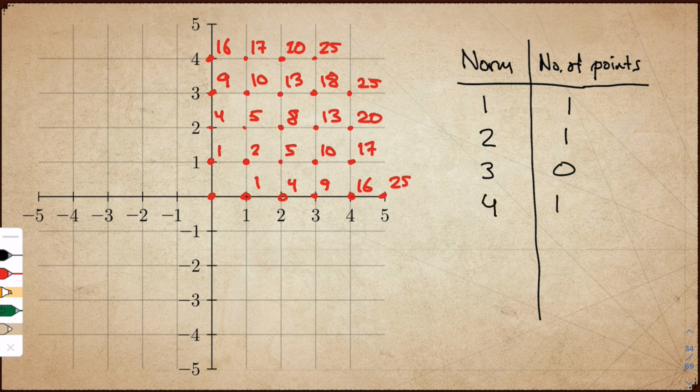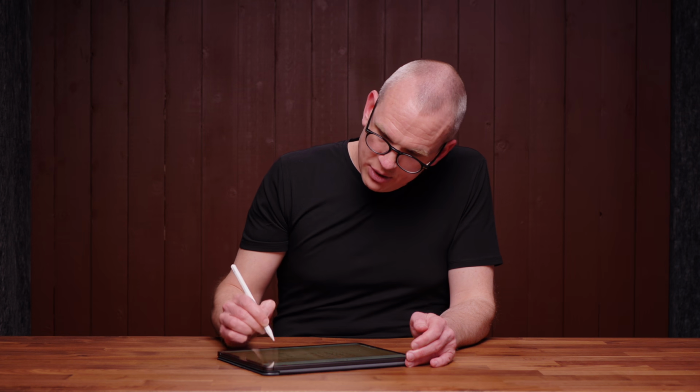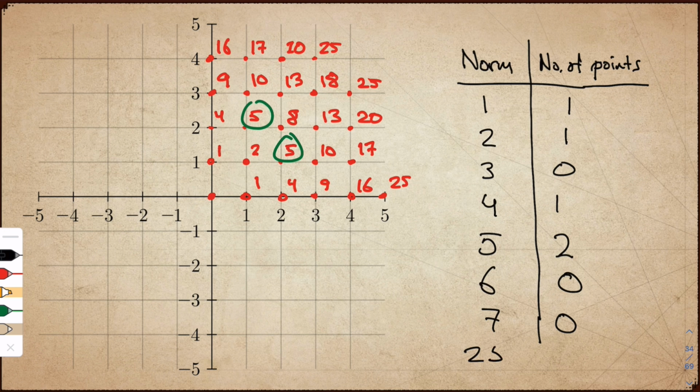For norm 5, there are 2 points. For 6, there are 0 points. Same for 7. And now, perhaps, you recognize this sequence: 1, 1, 0, 1, 2, 0, 0. If we look at 25, then there are 3 points.